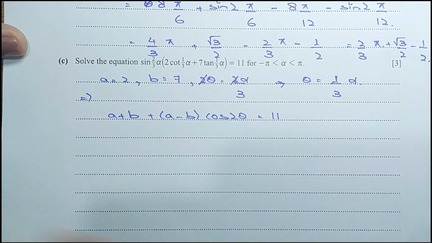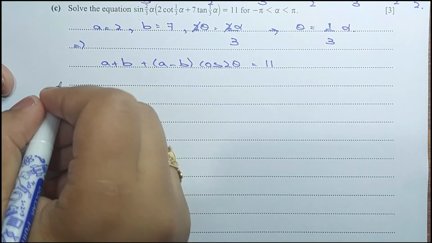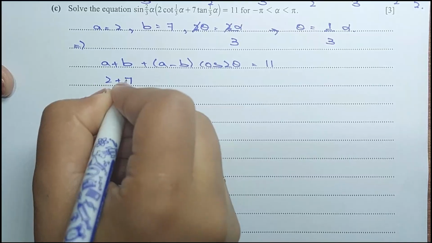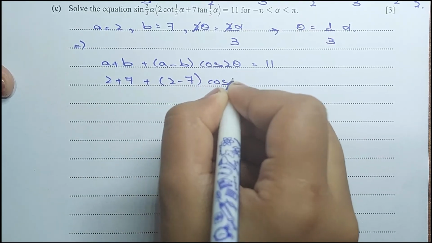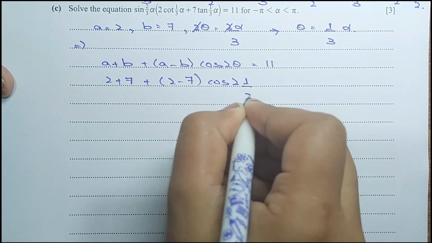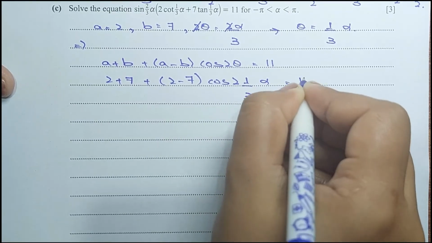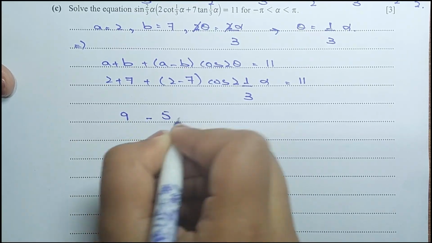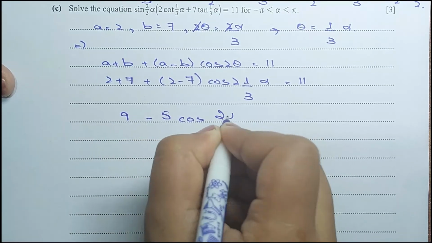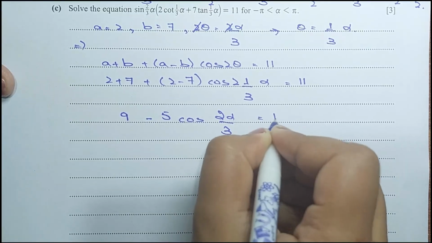Let me simplify now. So a and b are 2 plus 7 plus 2 minus 7 cos 2 theta. This is 11. 7, 8, 9 minus 5 cos 2 alpha over 3 equals 11.